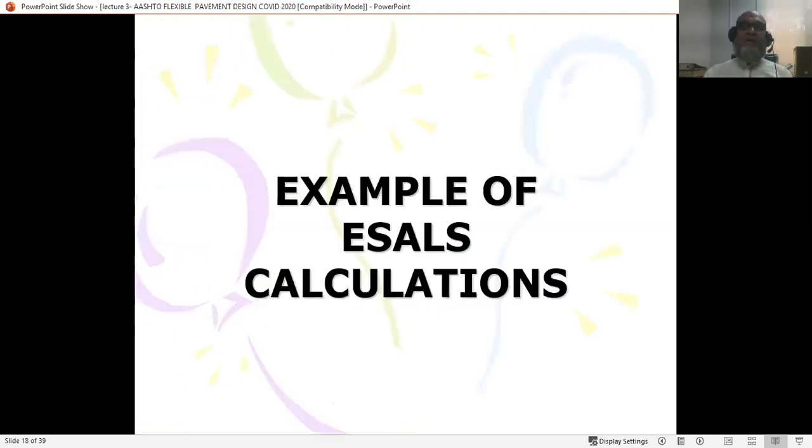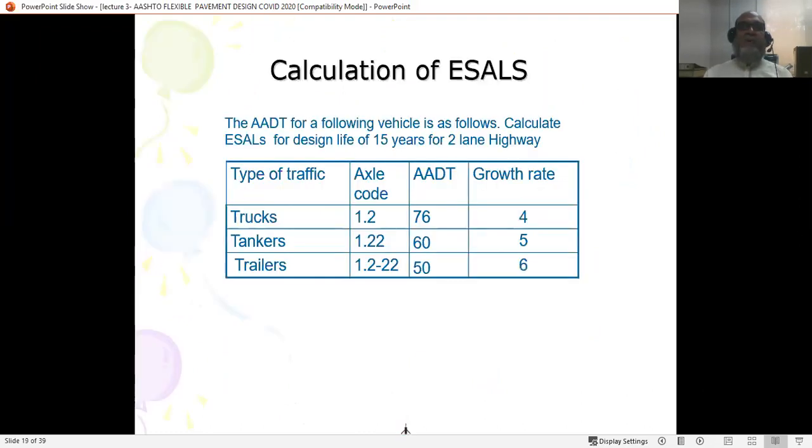Now, we will discuss how to calculate ESALs, equivalent single axle load of 18 kilo-pound. So, if the ADT, average annual daily traffic, of vehicles is as follows, calculate ESALs for a design life of 15 years for a two-lane highway.